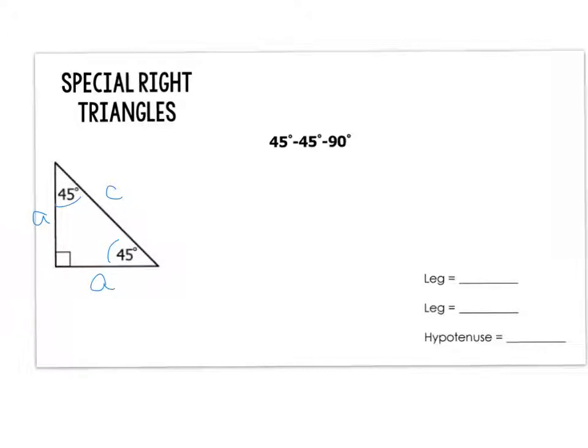We can figure out what that hypotenuse equals using A. So we're going to use the Pythagorean Theorem, and we're going to say A squared plus A squared equals C squared. So we're going to solve this for C. A squared plus A squared is 2A squared. And in order to find C, I have to take the square root of both sides.